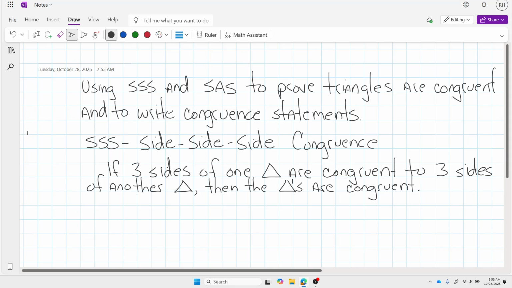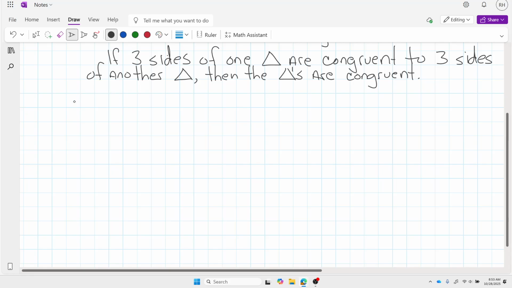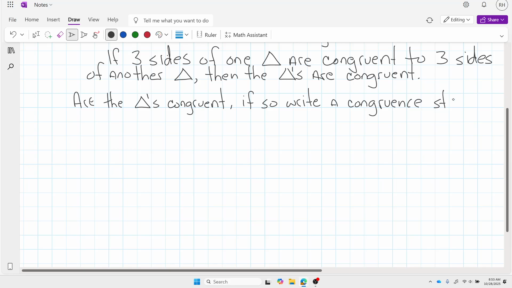So today you're going to be asked, are the triangles congruent? If so, write a congruence statement and explain.